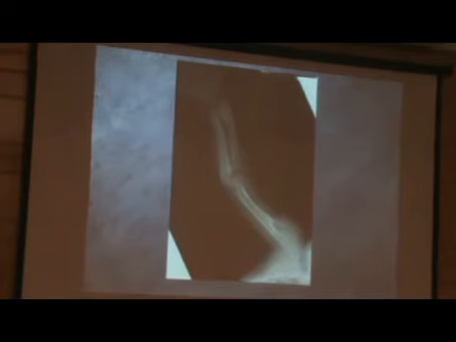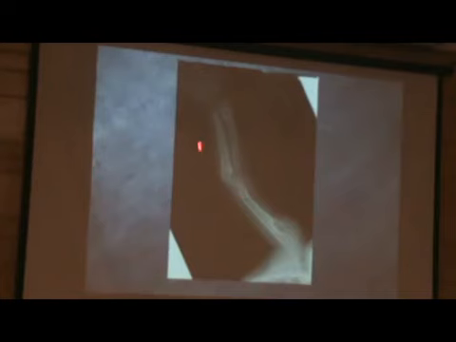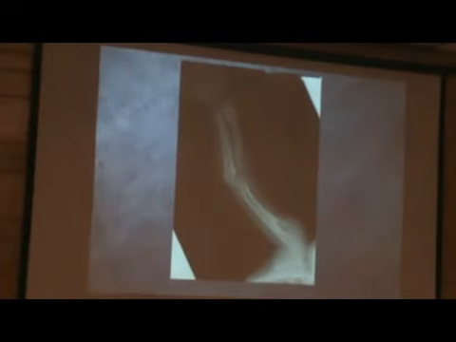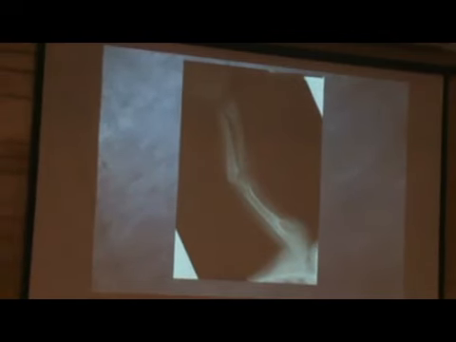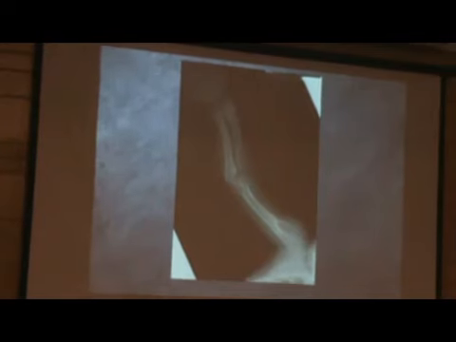This is a youngster with multiple lesions in the right upper extremity, and some of these lesions look like involving the surface, and some of them more central. It's a patient with Ollier's disease.